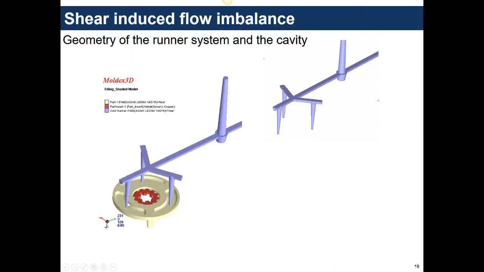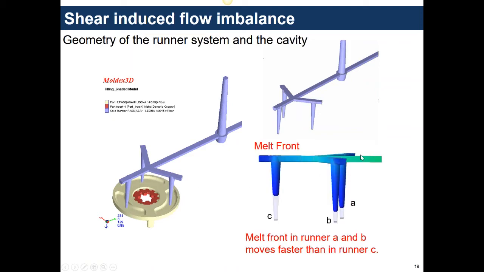But if anything, you would expect this one to fill faster. In reality, quite the opposite happened. When you run the simulation, and also from what they observed, they saw that this runner was the slowest to fill. You had a preferential flow down these 2 runners.